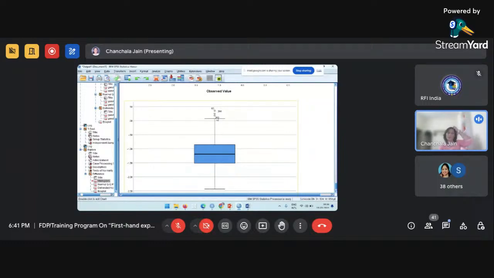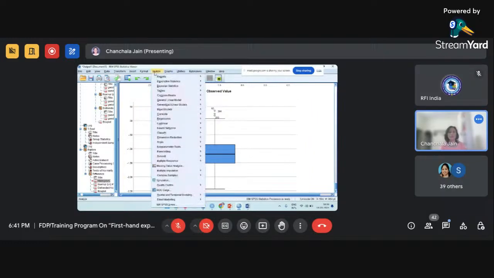So this way we have checked the assumptions of the paired sample t-test. It is fine. May I proceed with the paired sample t-test now? Yes, ma'am. You need to go to Analyze, click on Compare Means, and select Paired Samples T Test.